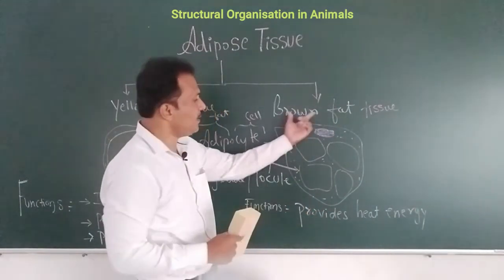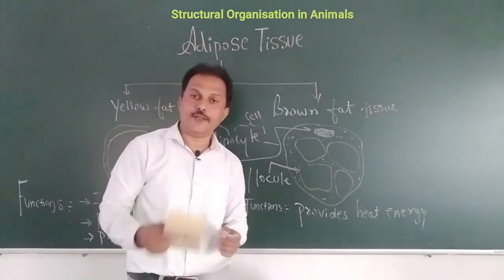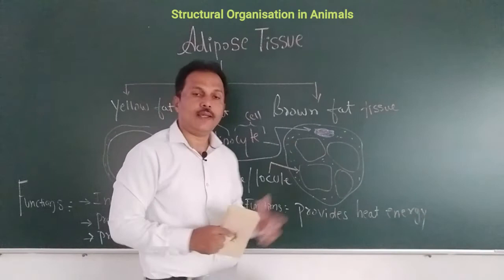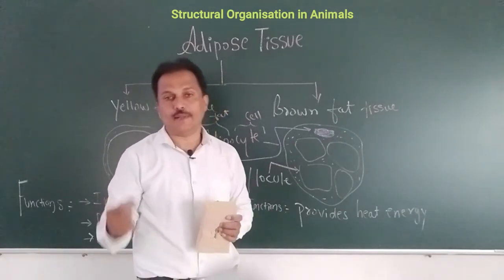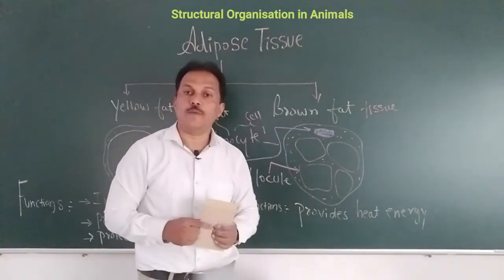Why is this fat known as brown fat? Because it is brownish in color. Why is it brownish in color? Because it has a high vascular supply. Blood supply is more to this brown fat tissue.